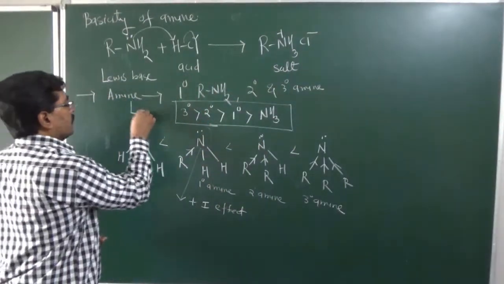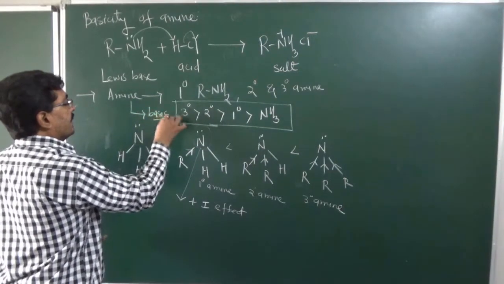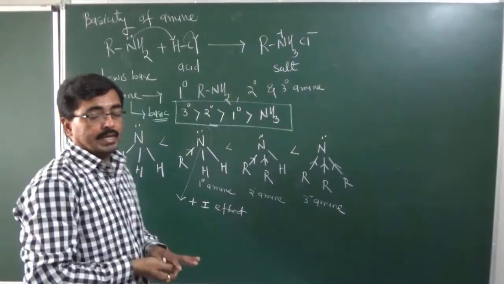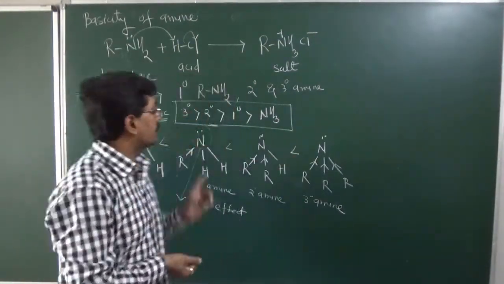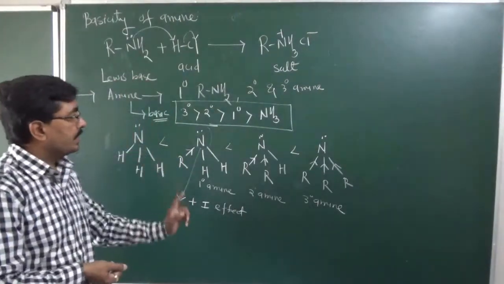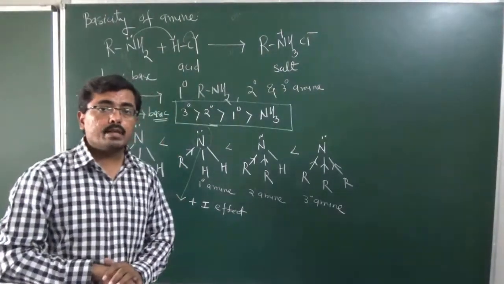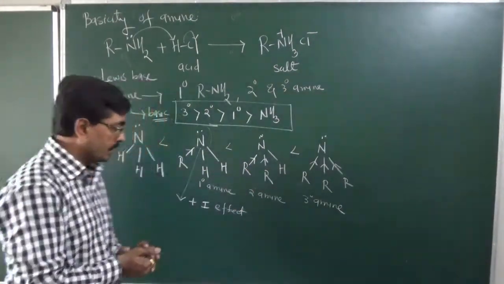So, the basic strength of amines in a gaseous neutral state: the tertiary amine is more basic than the secondary amine, the secondary amine is more basic than the primary amine, and the primary amine is more basic than ammonia.